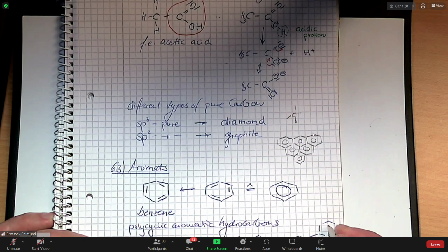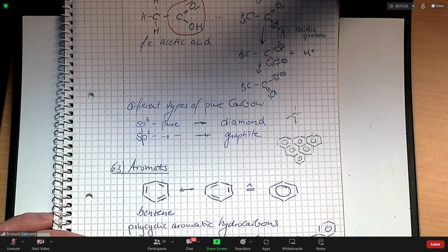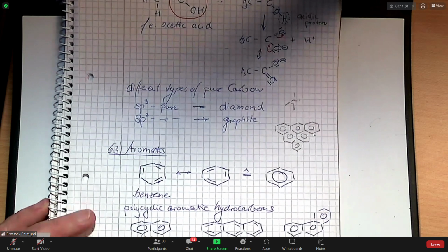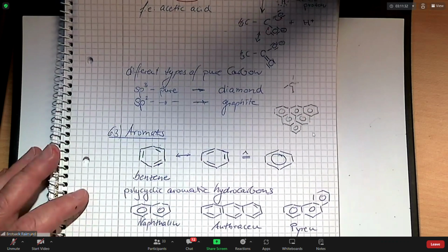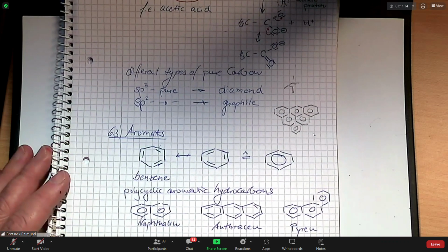The third one is like this. We call it a pyrene. So here we have different types and a lot of bigger ones.